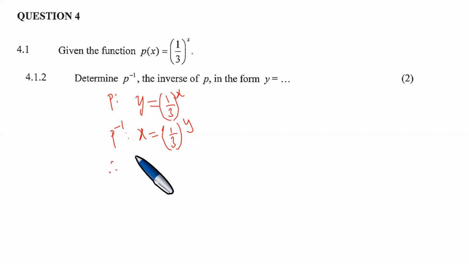Therefore, you can make y the subject. We could solve for x at this point, but rather we solve for y, making y the subject. So what does it become? It becomes y equals the log of x to the base of the exponent, so the base here of the power (1/3) to the power y is this.